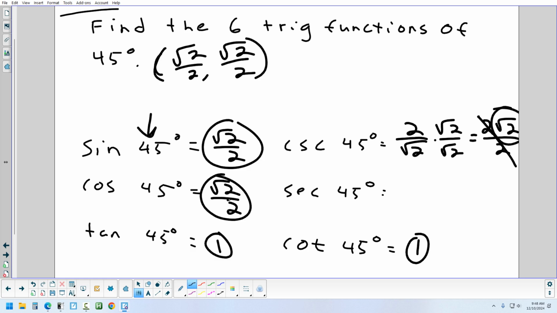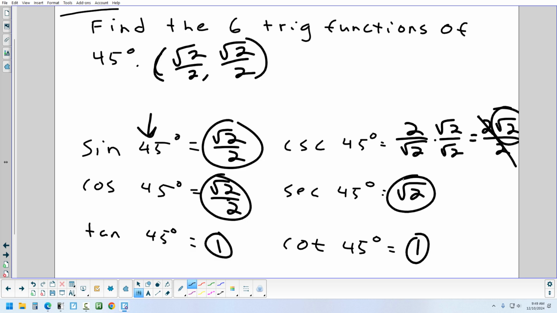Kim? Square root of 2. I mean, it's not the end of the world if you have to keep doing it out. I will tell you, it's going to slow you down in calculus, and it's going to make some things harder. So it's good to start to memorize some of these values. Okay, and that's how you do the 6 trig functions of 45 degrees.